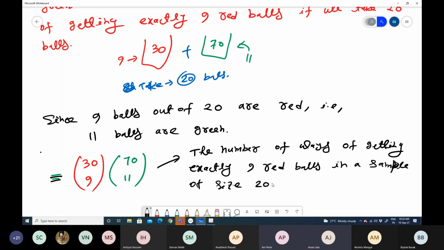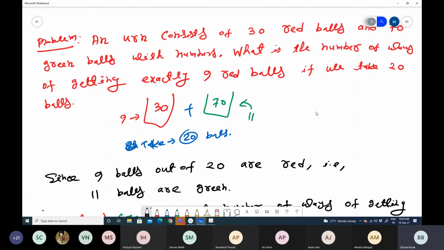Sir, if we are picking one by one, there should also be 20 factorial multiplied with this. Right. No, what we are saying is that it is not one by one. Just think of it as a simple one.